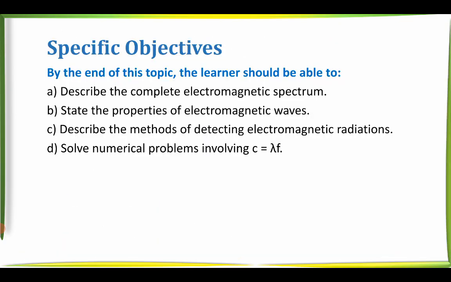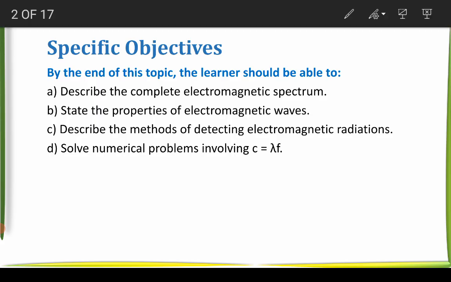In this topic, we are going to focus on the following objectives. By the end of this topic, you should be able to describe the complete electromagnetic spectrum. So we are going to look at what the electromagnetic spectrum is and what it is composed of.